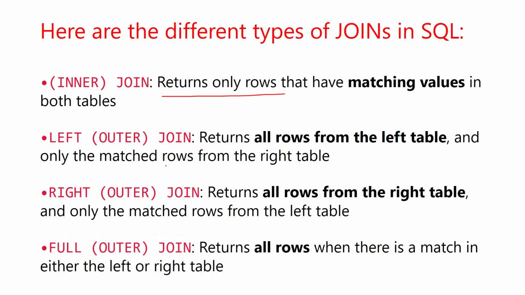Next, there is the full outer join. Full outer join means return all rows when there is a match in either the left or right table. So that would reflect all the rows, those common in both the tables as well.